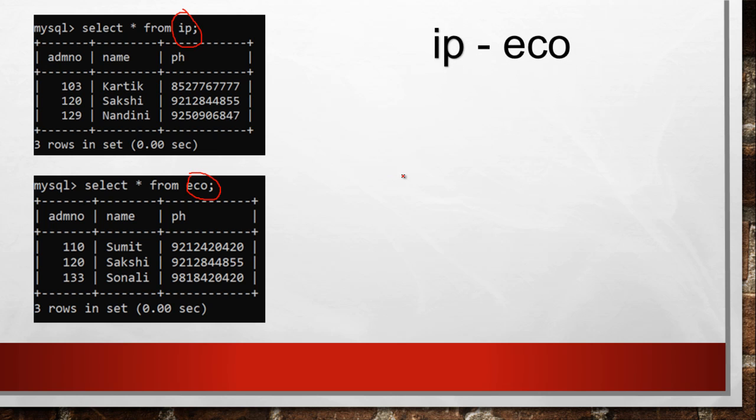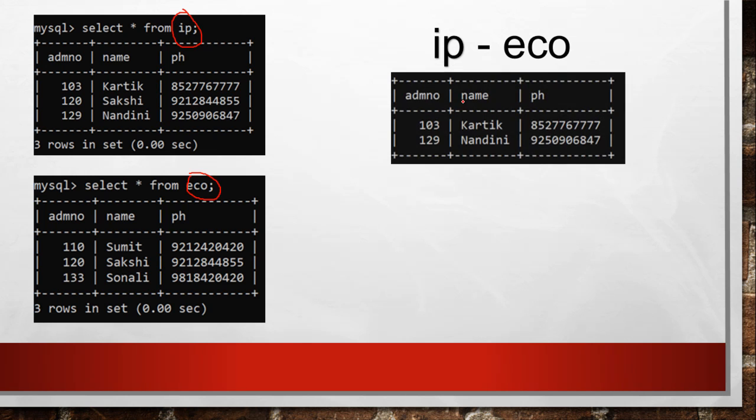Suppose I perform this operation, IP minus echo. It will show me the records of only IP students, and in the result it will exclude, or ignore, the records of those students who are also studying in echo. So it will show me the records of only those students who are studying only IP, not echo.